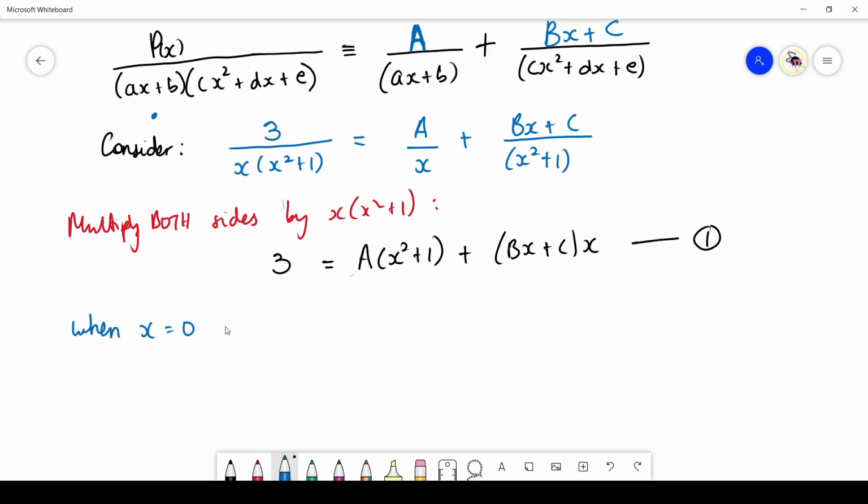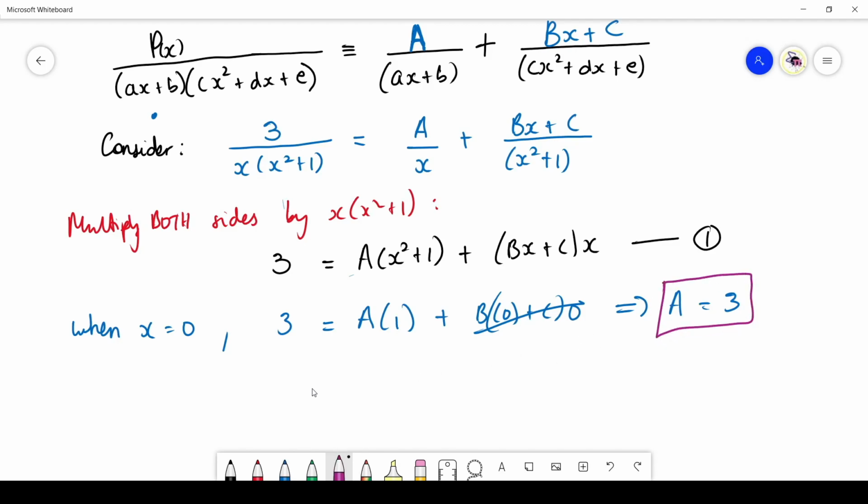When x has a value of 0, we will get 3 on the left hand side is equal to A times 0 squared, which is just 0, plus 1, plus you will get b times 0 plus c, and also that entire thing is 0, so this just disappears. So that's the beautiful thing about these types of questions. And boom, just like that, we got A to have a value of 3. All right, so we got one value there.